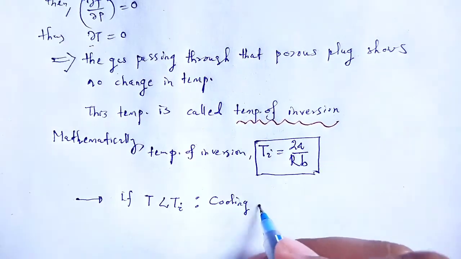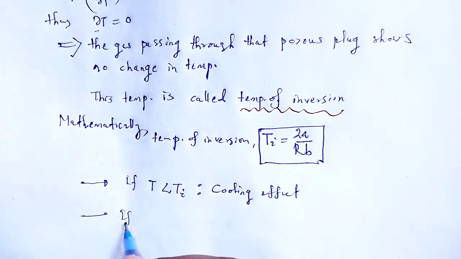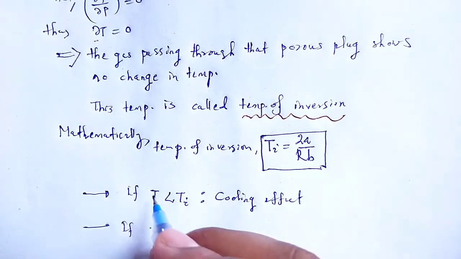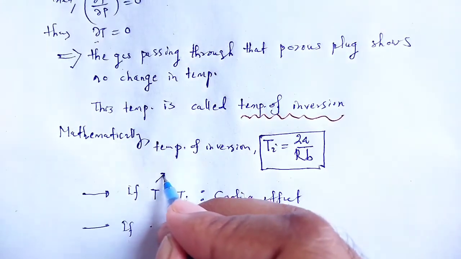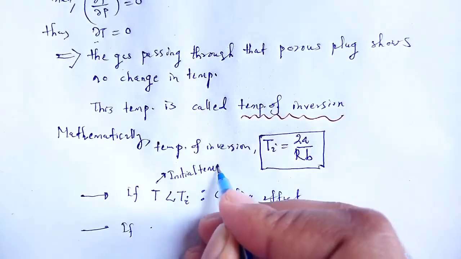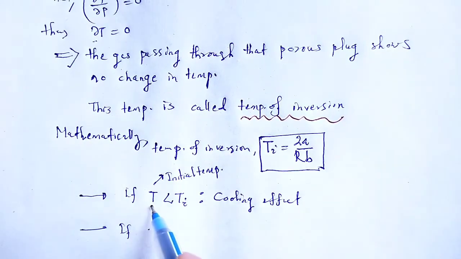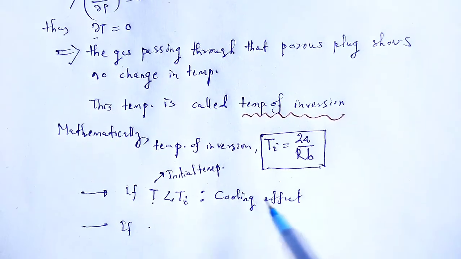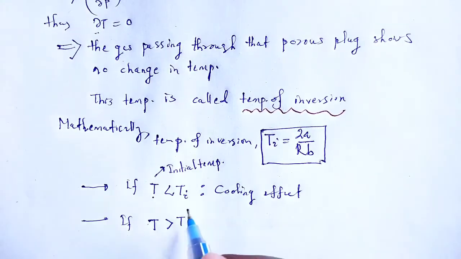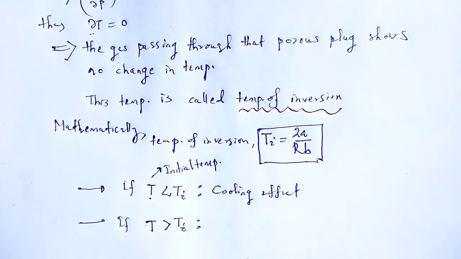Here T is the initial temperature and Ti is the temperature of inversion. If the initial temperature is less than Ti, then cooling effect. If the initial temperature is greater than the temperature of inversion, then we observe heating effect.